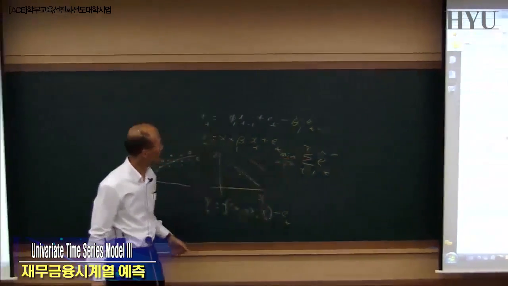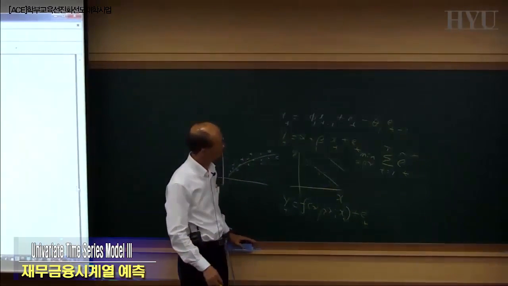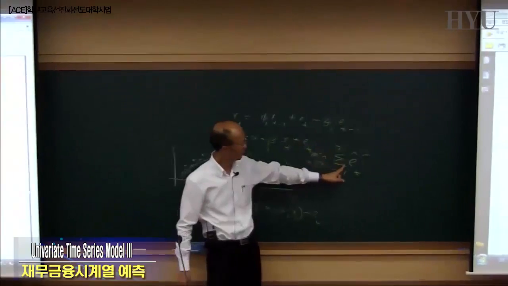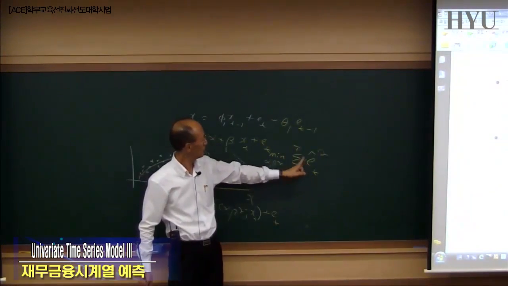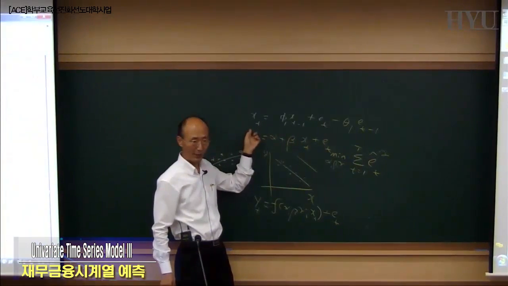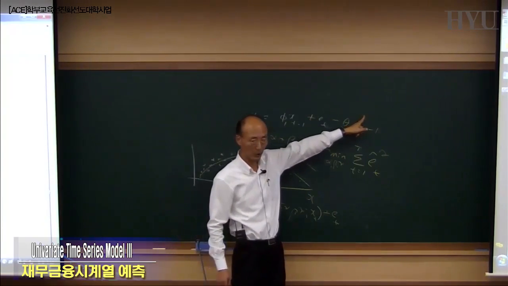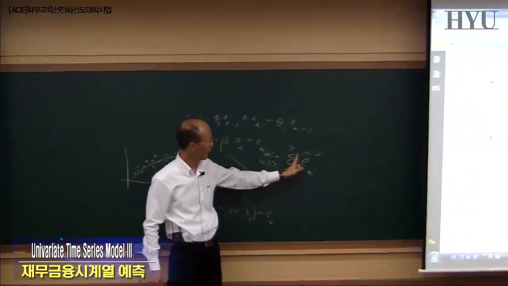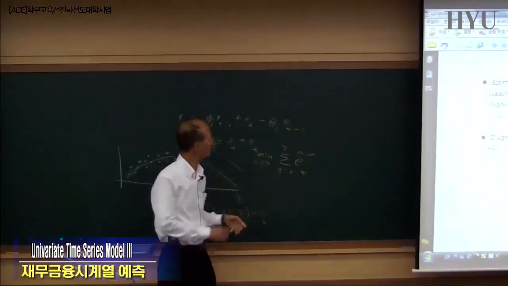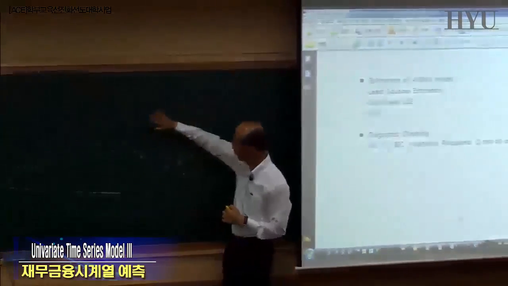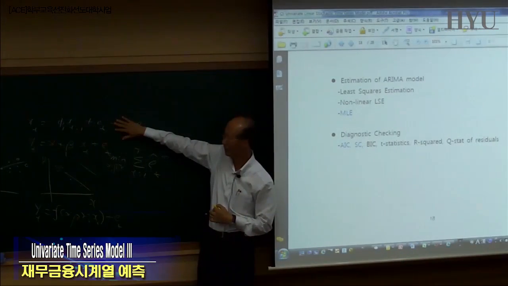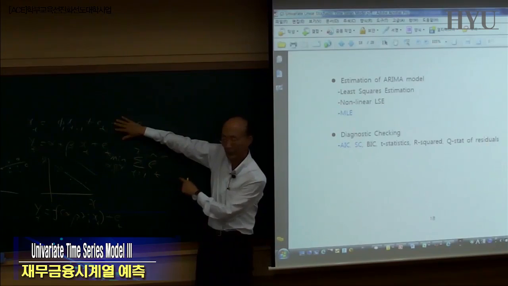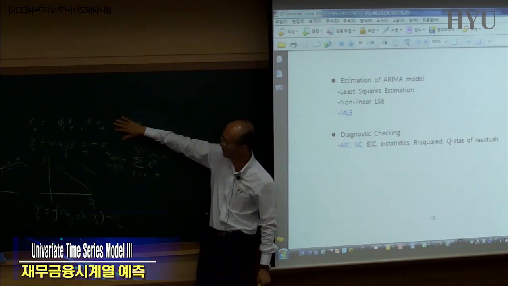So actually, for the autoregressive process, this sum of squared function is linear in parameters, in this case pi 1.